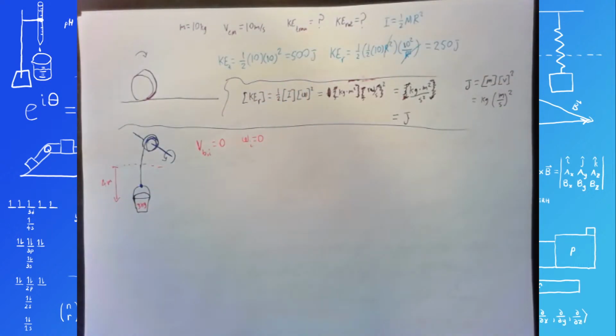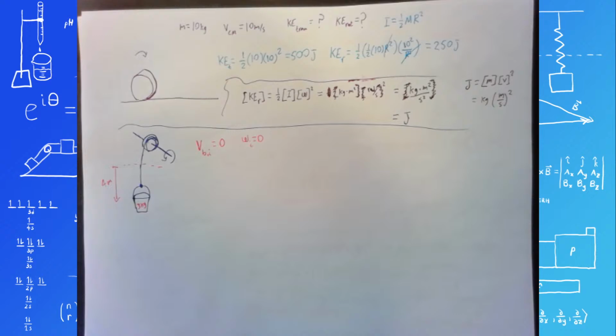That's the only way for it to not be slipping, is for the relative velocity between the rim of the spool and the string to be 0. That means they must be moving at the same rate.